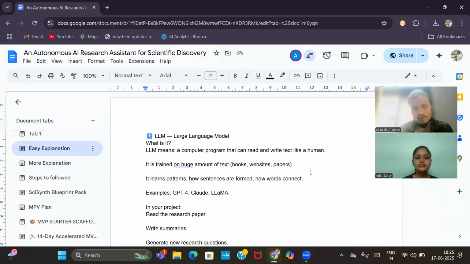Okay. So if we go into LLMs, what is an LLM? For example, if you are learning something, there are various textbooks. Say you are learning data science. To learn data science, there are several topics: Python, Power BI, ML, DL, AI.